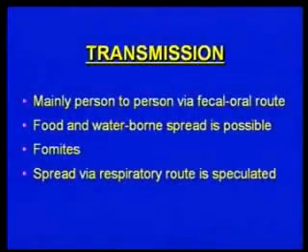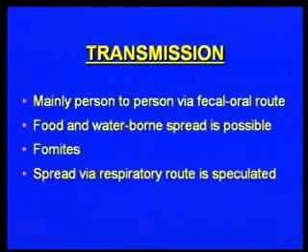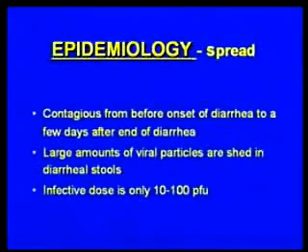But it's highly transmissible, and it can be transmitted directly through the fecal-oral route and through contaminated food and waterborne, which is the indirect transmission, and through fomites, which is surfaces. And some people speculate that there may be some kind of respiratory spread. It's not very clear, but I think that will probably be clarified in the future years.